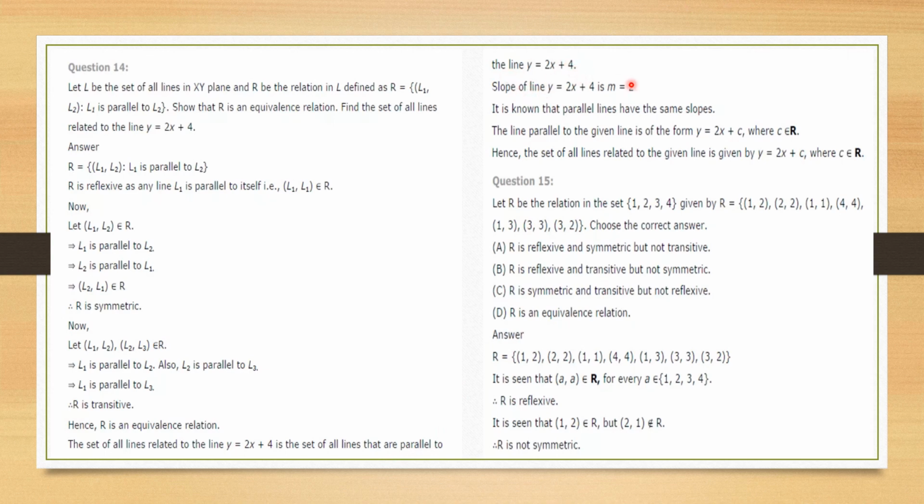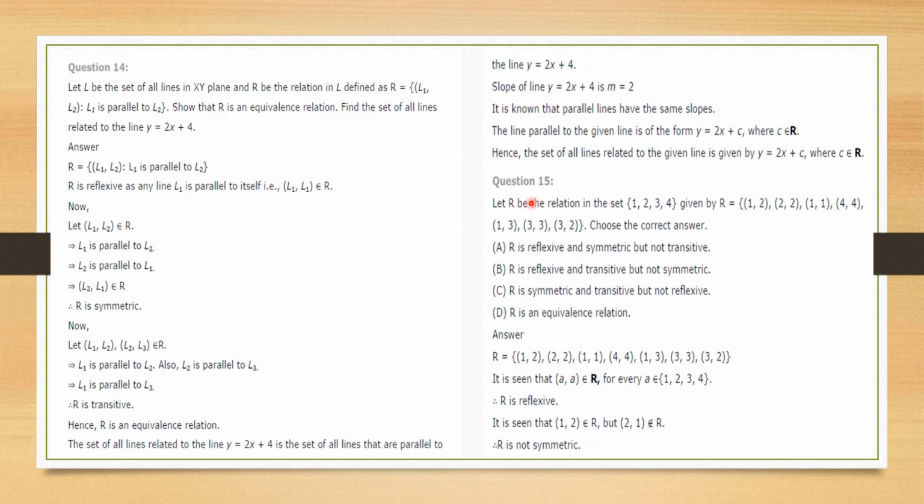The slope of the line is 2, so a parallel line is definitely going to have the same slope. So the line parallel to the given line is of the form y equal to 2x plus c, where c belongs to R. The constant term may be different, otherwise everything will be the same. Hence the set of lines related to the given line is of the form y equal to 2x plus c, where c belongs to R.